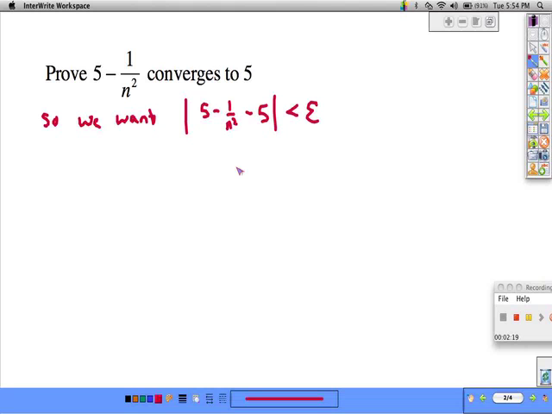And what we're left with is 1 over n squared is less than epsilon. I can do away with the absolute values when I take this minus n squared. That makes it positive. And then I can rearrange this and say that 1 over epsilon is less than n squared. So n we want to be bigger than the square root of 1 over epsilon.